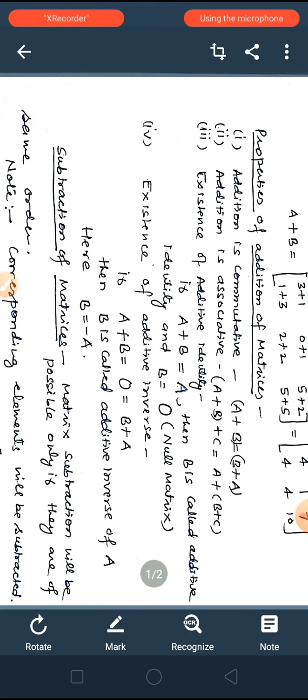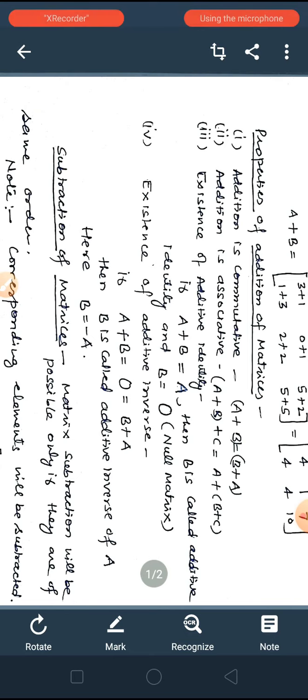Means if you add a matrix to a matrix, then you get the matrix itself. So you can take the null matrix, which when added to any matrix always gives the given matrix itself. So if A plus B is equal to A, then B is called the additive identity, and obviously B is equal to capital O, that is the null matrix.